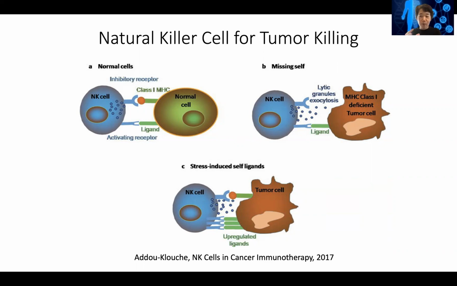They have seen this before, and so they don't get activated if it's a normal antigen. But the natural killer cell also has a receptor to ensure that all the cells have MHC presentation, because one way for the cancer cell to evade T cells is to lose the MHC.